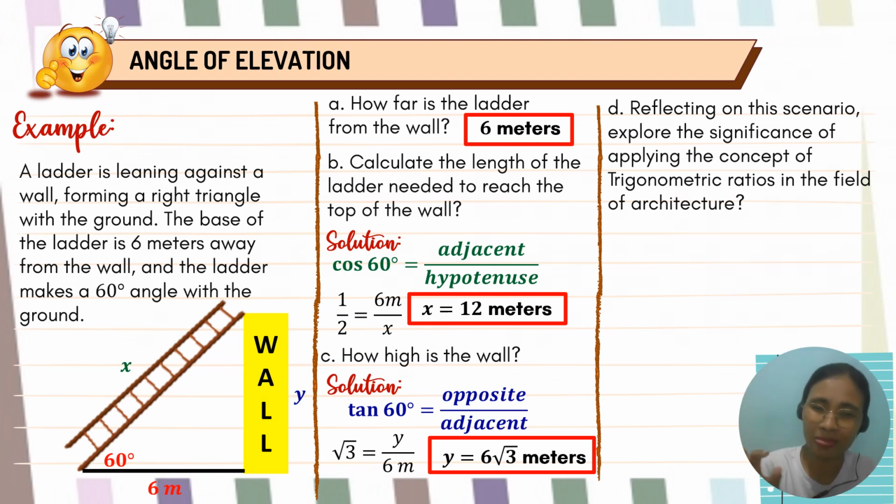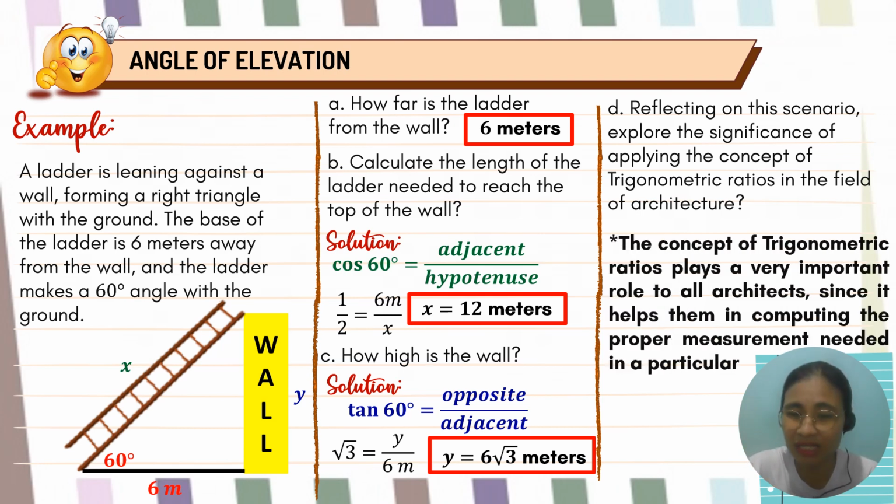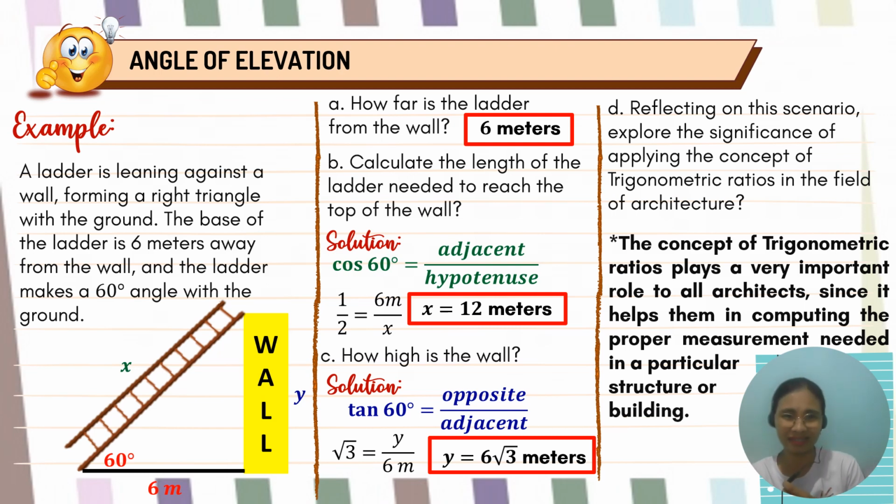But of course, in their drawing, they cannot give the actual value, which means, okay, the concept of trigonometric ratios plays a very important role to all architects since it helps them in computing the proper measurement needed in a particular structure or building.